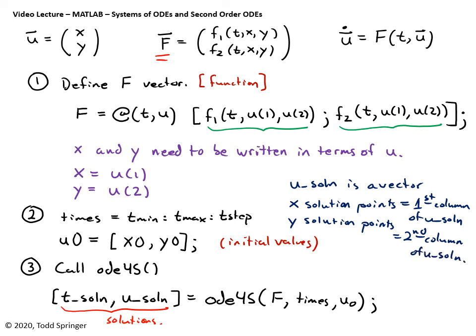Okay. So just make sure that you're aware of that. So U solution gives you a matrix with two columns. The first column is x, second column is y.